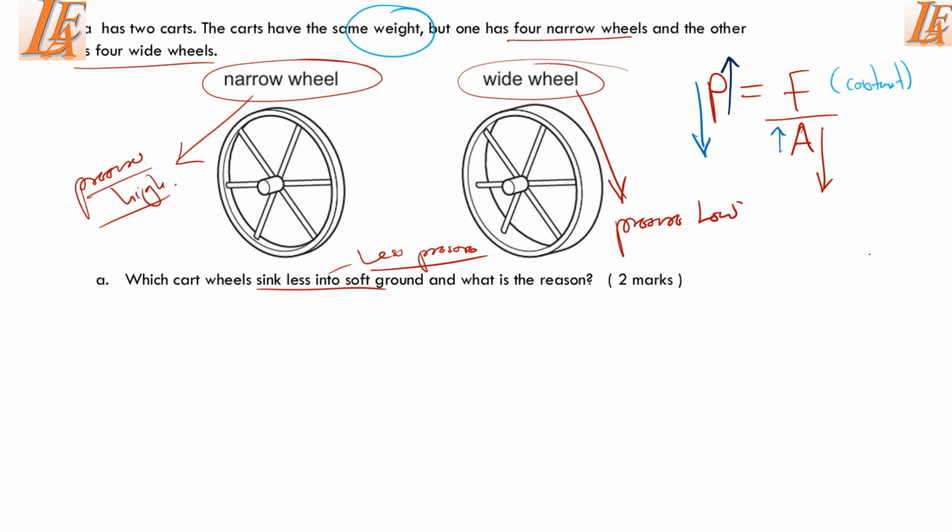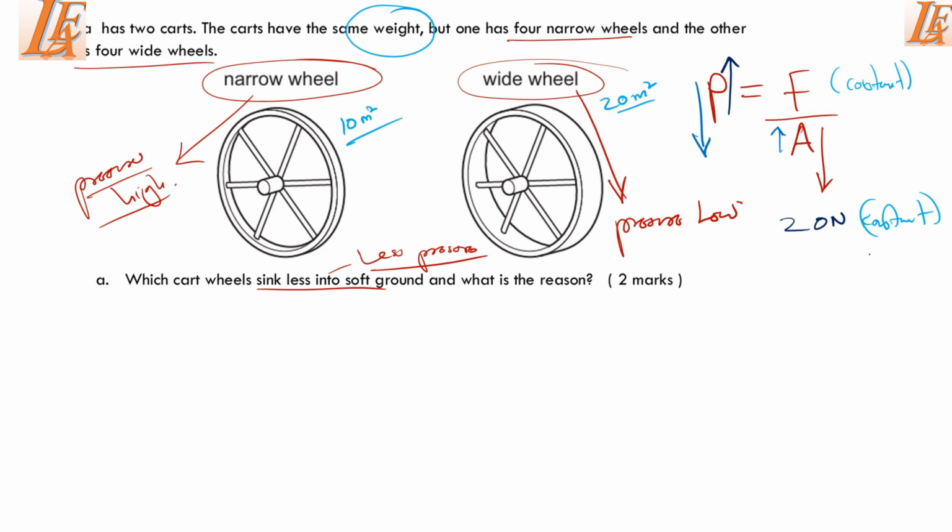So in this case, assume you have a force of 20 Newton, which we have said is a constant. Then the wheel with a narrow area, let's say it has an area of 10 square meters, and the wheel with a wide area, let's say it has an area of 20 square meters.